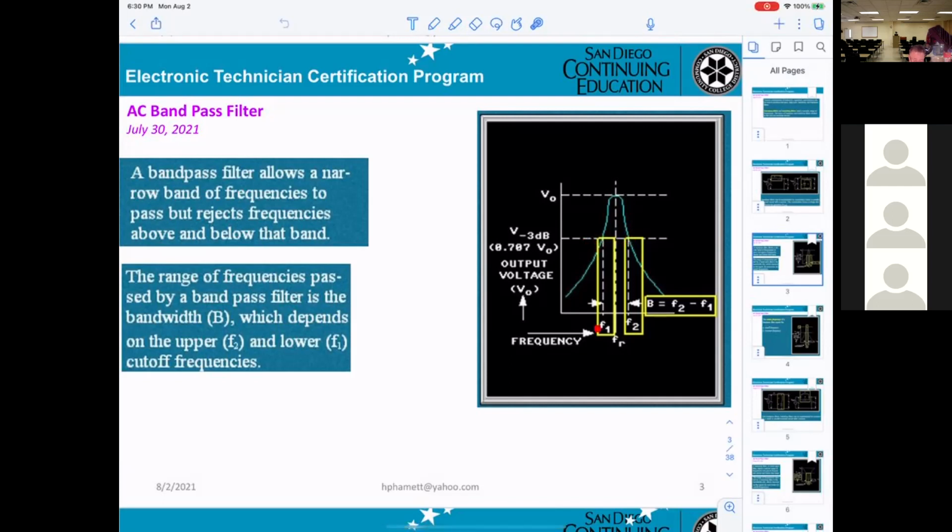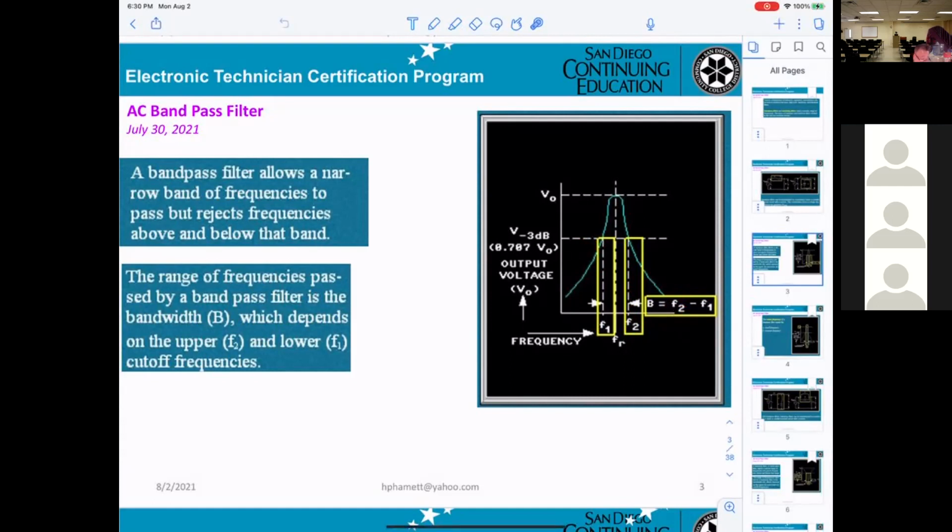One they call F1, the lower cutoff, and the other will be F2, the higher cutoff. So if you want to calculate the bandwidth, it will be equal to F2 minus F1.